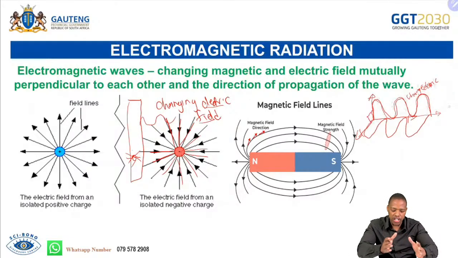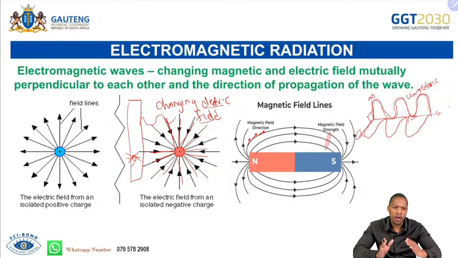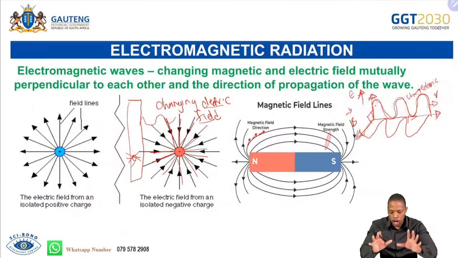So the changing electric field causes a changing magnetic field, and both are radiating, propagating as waves perpendicular to each other, and again perpendicular to the direction of propagation. So you have the electric field in this direction, the magnetic field in this direction, and the direction of propagation in this direction, and all of them are perpendicular.